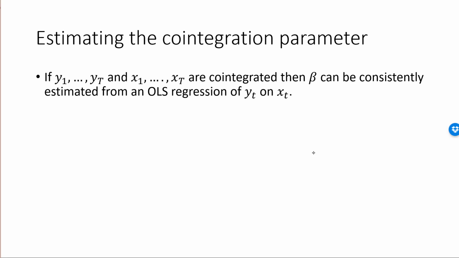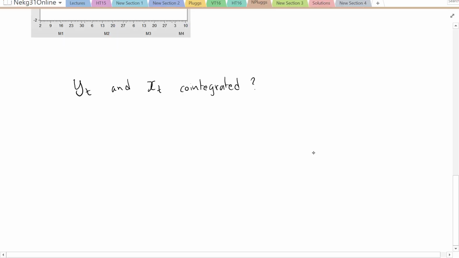So that seriously begs the question, how do we determine if two time series are cointegrated or not? Well, remember the definition. If I can calculate y_t minus beta x_t, then all I need is to check if this is stationary or not.